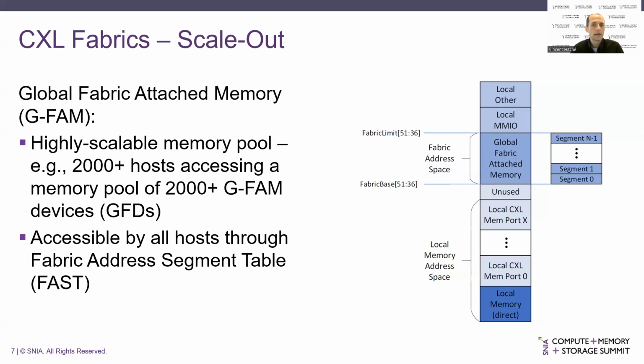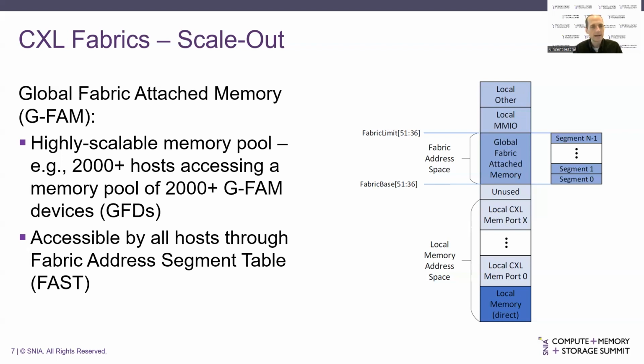This is a massive pool of memory that can be simultaneously accessed. Any host can access any of the 2,000 GFAM devices, and any GFAM device can be accessed by any of the 2,000 hosts. So it really helps large-scale multi-node systems work together without spending a lot of effort on copying memory back and forth.